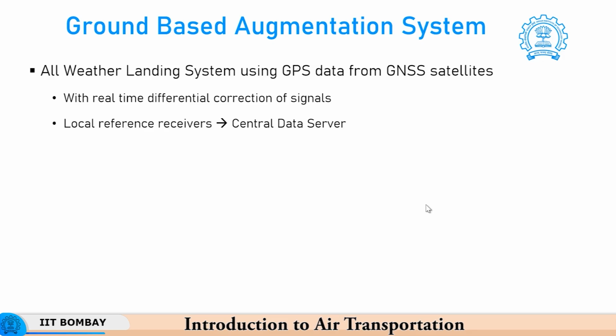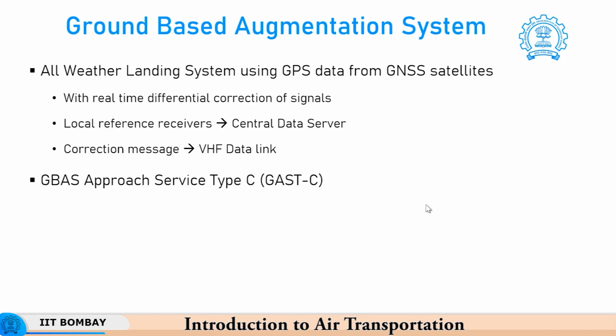So, the local reference receivers, they take the information and dump it on a central data server, and the correction messages are worked out, because what you do is you ask the GPS what is your location, and you already know your location. So, the difference between GPS prediction and your own observation is calculated, and that correction is sent to the aircraft using a VHF data link. So, then the pilot can correct the numbers and hope to have a more precise landing.